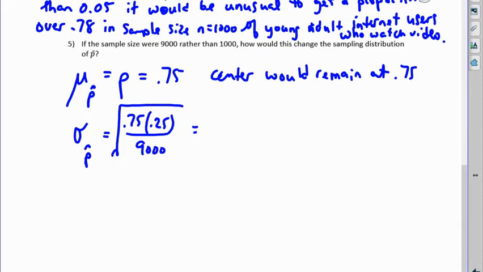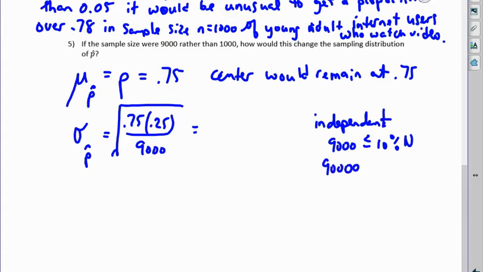In order to use that, you still would need to be independent, and you would have had to check that 9,000 is less than or equal to 10% of n. And I think it is appropriate that there are 90,000 plus young adult internet users. That seems appropriate.